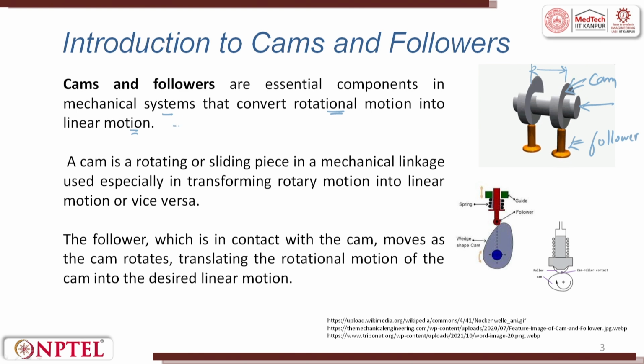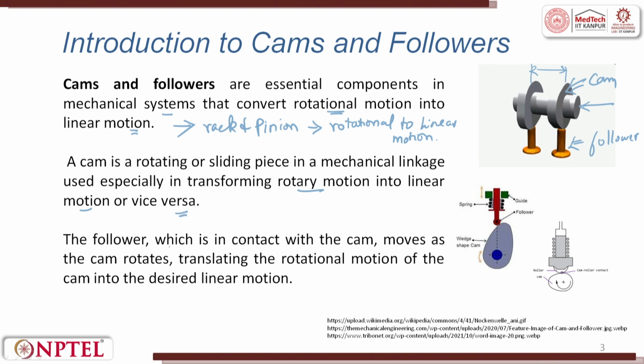We saw a similar one in the past, the rack and pinion mechanism, where they also used rotational to linear motion. A cam is a rotating or sliding piece in a mechanical linkage used especially in transforming rotary motion into linear motion or vice versa.